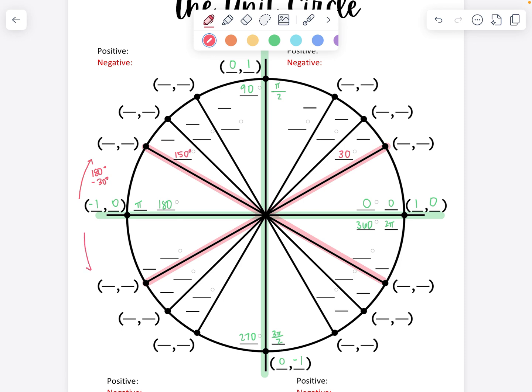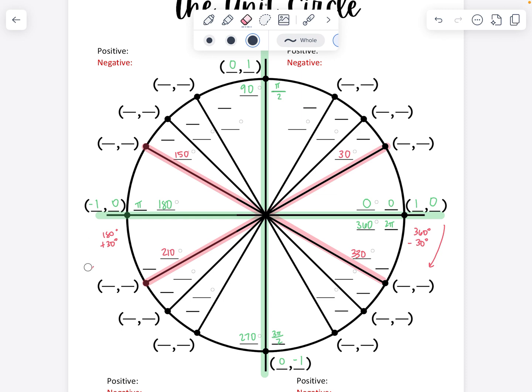And to get down into quadrant 3, I would do 180 degrees plus 30 degrees, which is going to get me 210 degrees. Leave the degree sign there. It's already on the paper for me. And then over here in quadrant 4, I would once again relate it to the x-axis. That would be 360 degrees minus 30 degrees. So that would be 330 degrees.